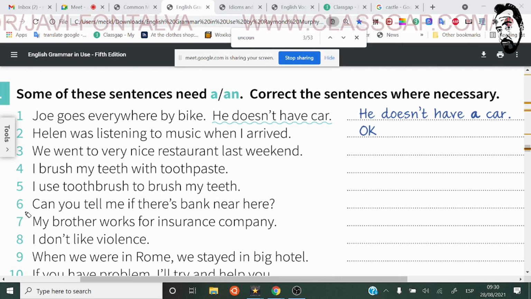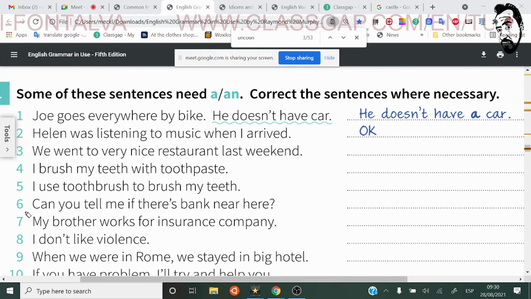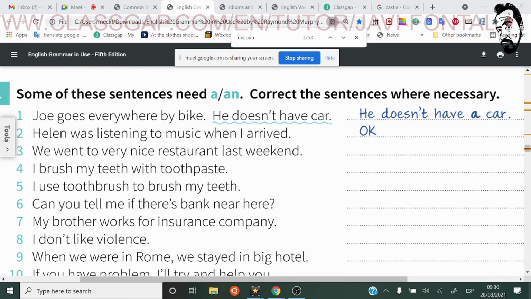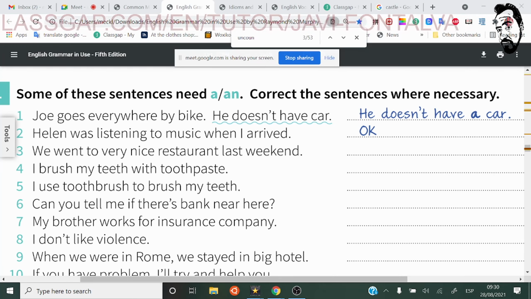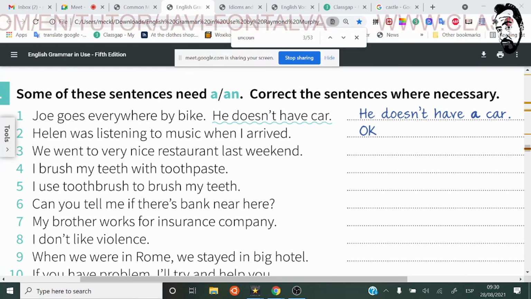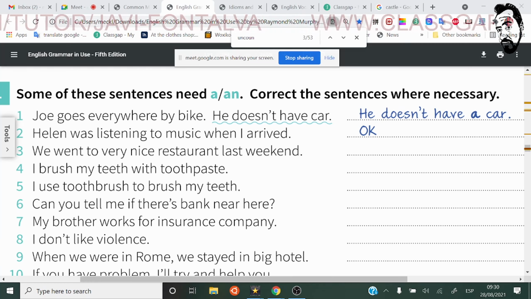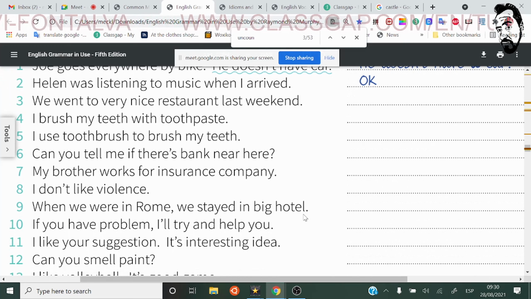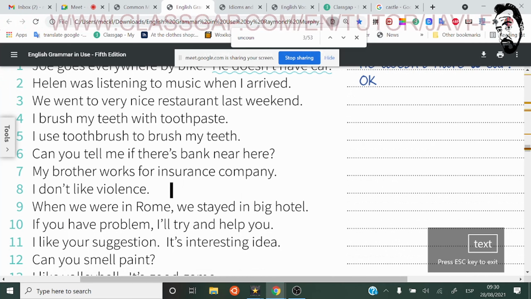Number 6. Can you tell me if there a bank near here? So, can you tell me if there is a bank near here? 7. My brother works for an insurance company.